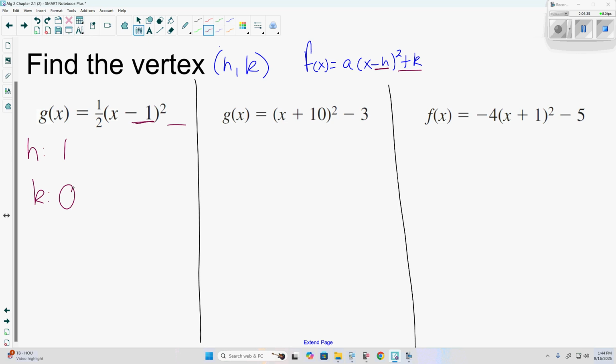But as the vertex is a point, and 0 is a location on the graph, having a k value of 0 still works. We just fill 0 in for k and 1 in for h, and that is our vertex. The vertex is the point (1, 0).